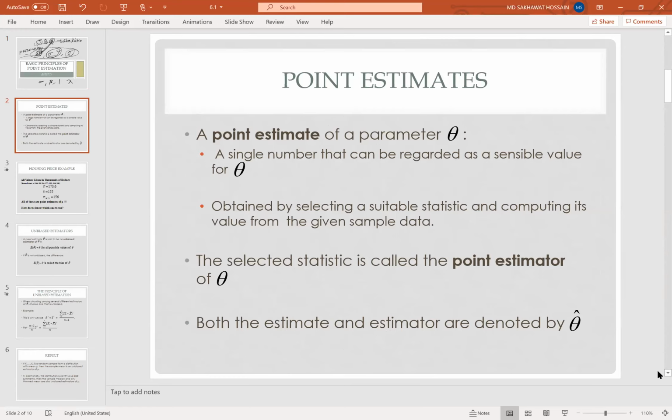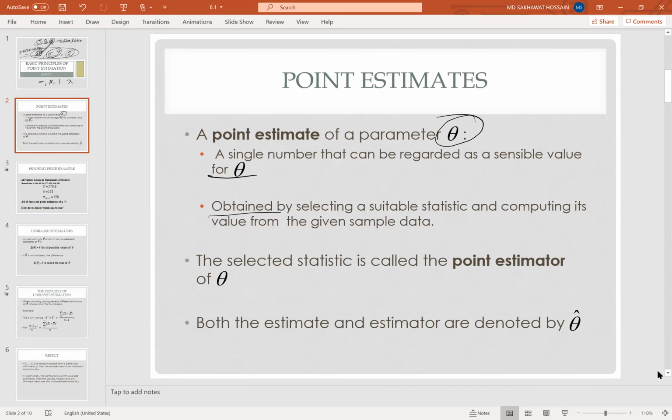So a point estimate of a parameter theta, where theta is a parameter here, is a single number that can be regarded as a sensible value for theta. That means a single value which can be used to make inference about theta is called a point estimate of parameter theta.